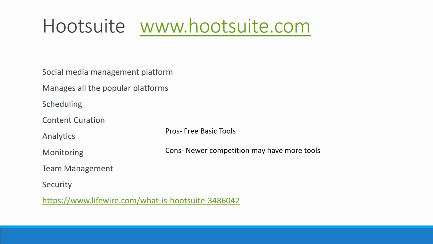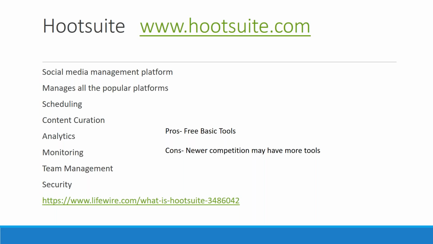HootSuite is a great social mentioning, social listening platform. The one thing that's nice about this is they do have a free basic one. There are some newer competitors that may have more tools right now, but if people are looking for a place to start, HootSuite is a good platform.